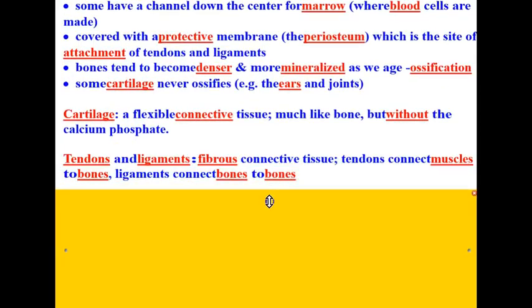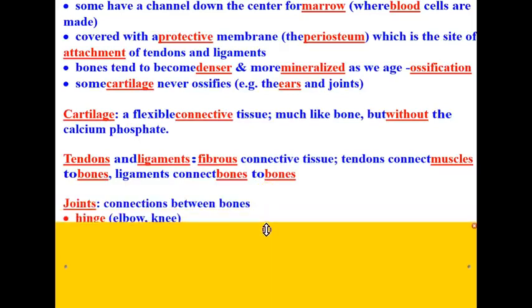Tendons and ligaments are also connective tissue. They're fibrous connective tissue. And you need to know that tendons connect muscles to bones. Ligaments connect bones to bones. You need to know the difference between those two. Tendons connect muscles to bones. Ligaments connect bones to bones.